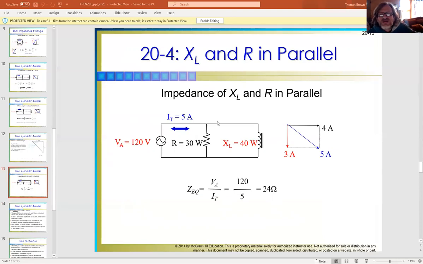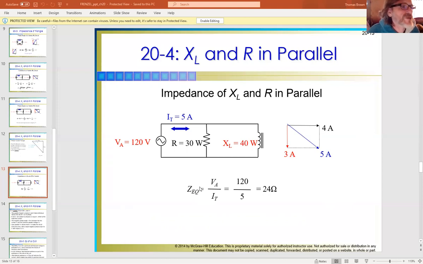All right. So we take a look at R. Fun part is, as you've seen, we have two choices when dealing with parallel, how we're going to do our overall impedance. We have the Ohm's law one where we do the impedance equivalent, right?